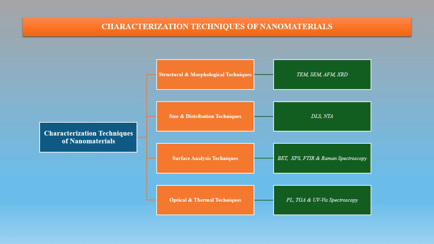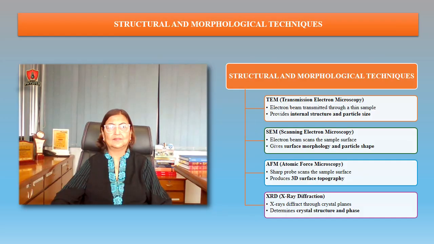For surface analysis, we use techniques like BET, XPS, FTIR, or Raman spectroscopy. For optical and thermal analysis, we use UV-visible, PL, and TGA techniques.